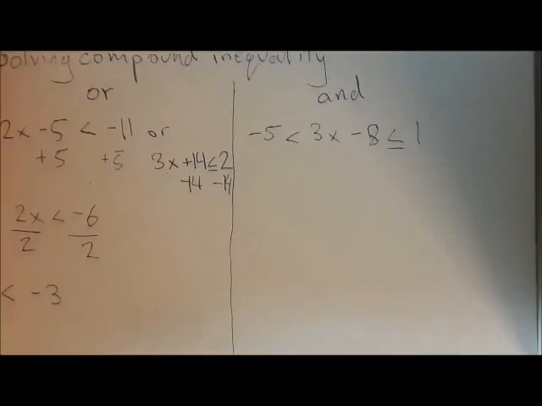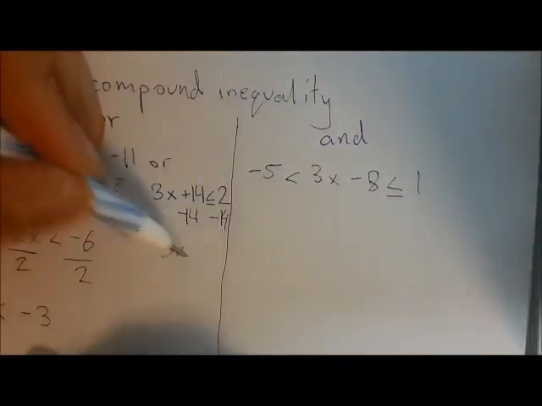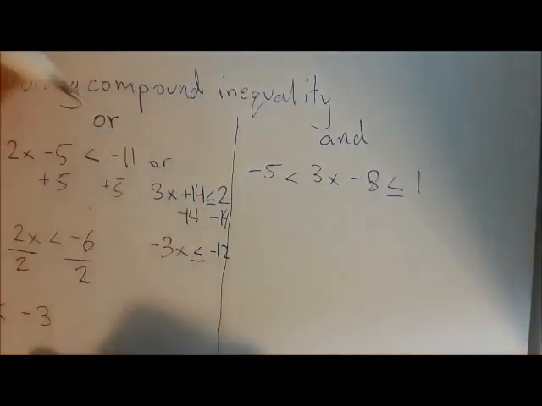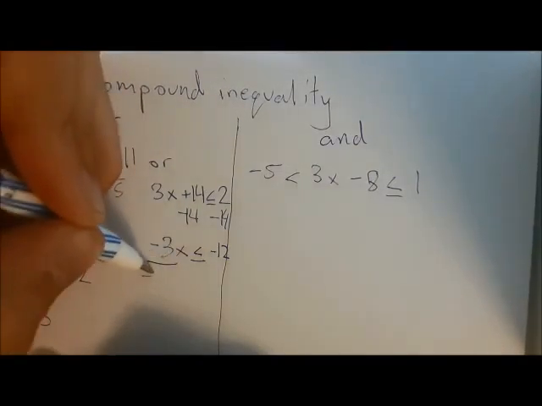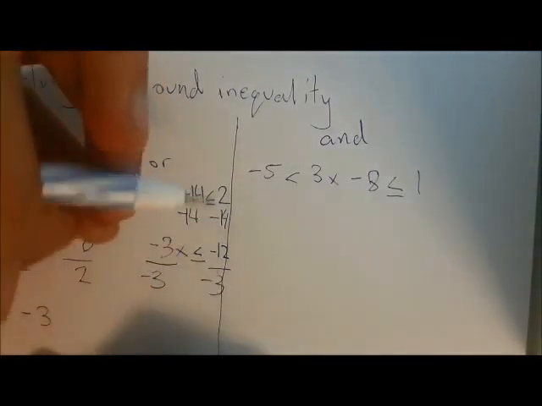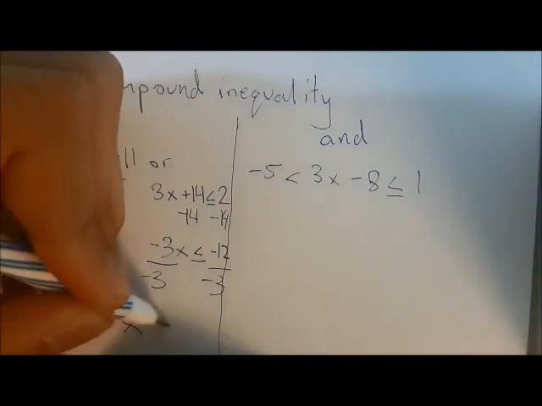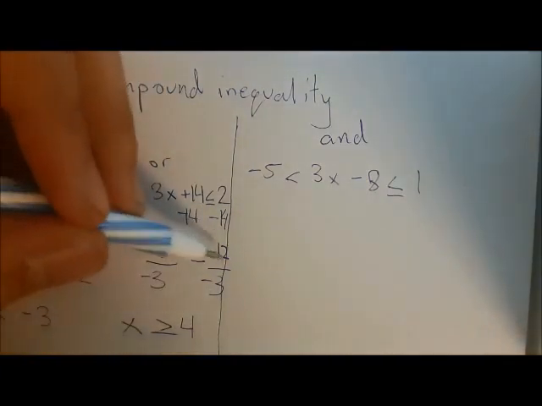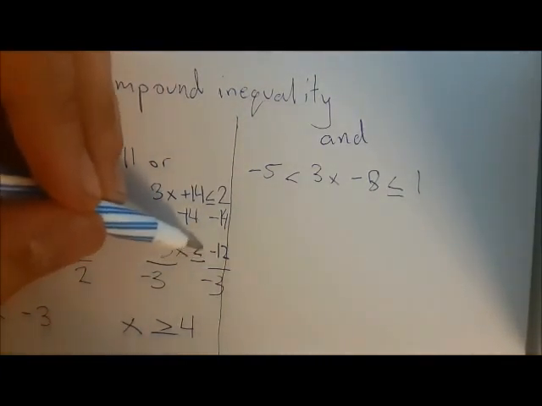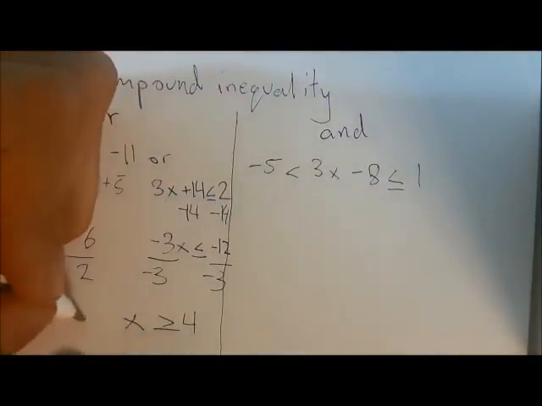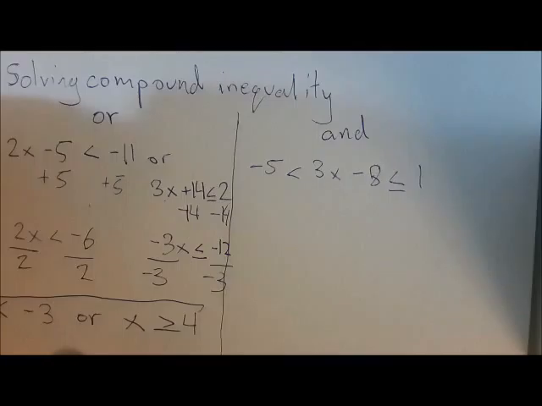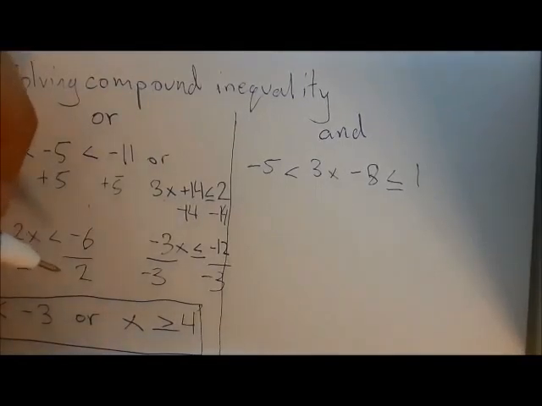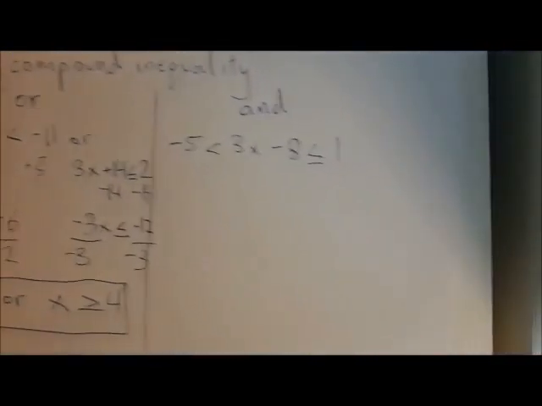So here it would be -3x is greater than or equal to -12, and divide by -3. x is less than or equal to 4, because we have multiplied or divided by a negative, so then we have to switch signs. So now we just put it together. X is greater than -3, or x is less than or equal to 4.